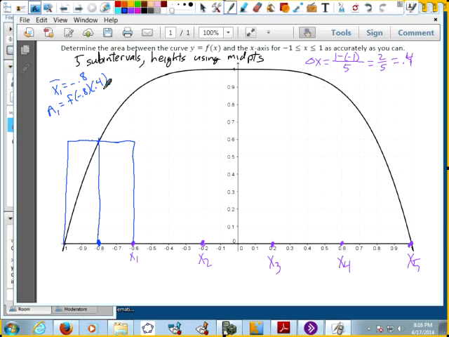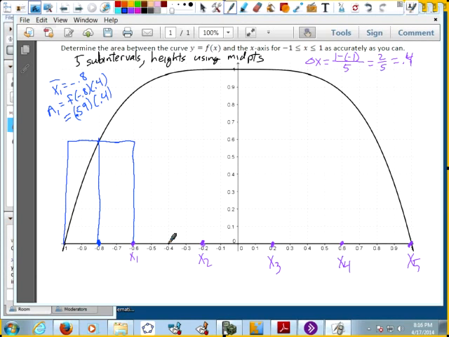And about how high is that? 0.6. Actually, a little bit lower than that, maybe 0.59. So this is, say, 0.59 times 0.4.